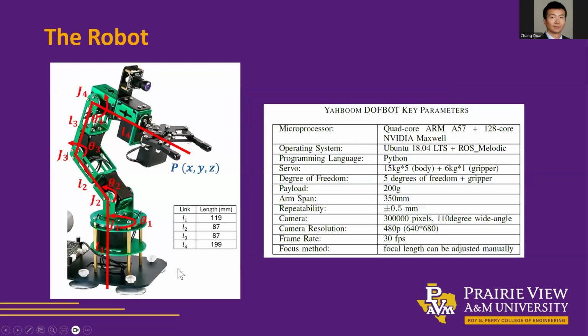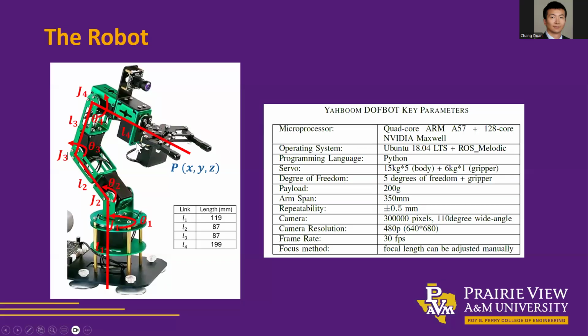All right, so a little bit about the robot. The robot is not built by us. It's an off-the-shelf robot from Yabun. And it's a 5 degree of freedom robot. But for our purpose, we didn't really rotate the gripper, so we treat it as a 4 degree of freedom robot.